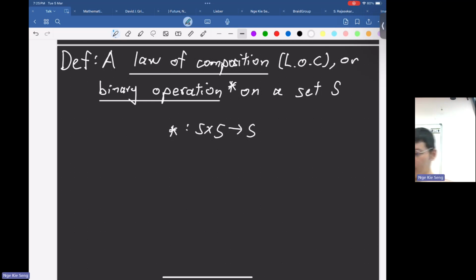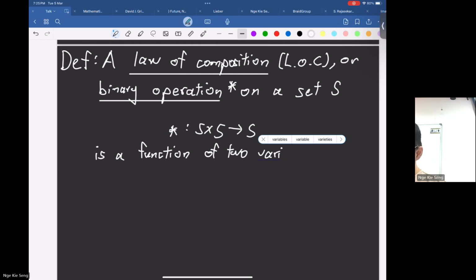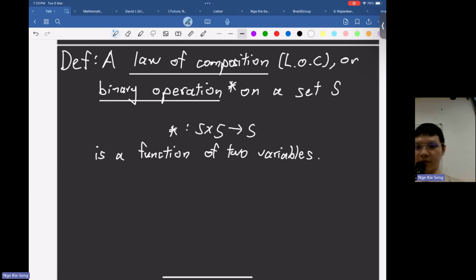It's a function of two variables. You give me two things in S, and I give you back one thing in S. Law of composition: it's a function.